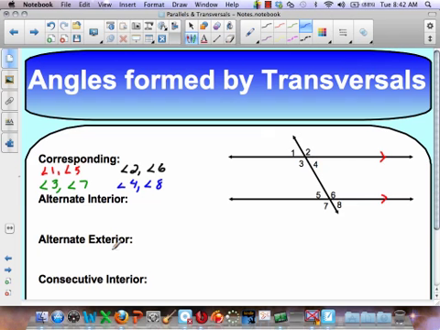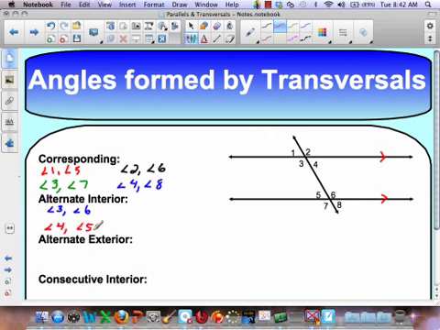So therefore 3, 4, 5, and 6 are interior angles. They're inside the two lines. Alternate means we're changing sides. So 3 and 6, so angle 3 and angle 6, and what's the other pair?